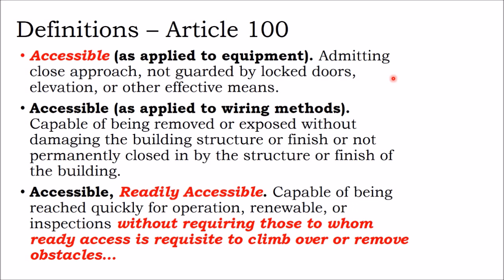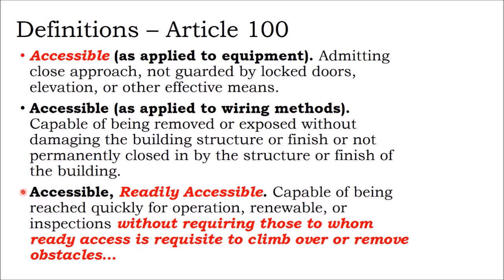So accessible by wiring methods is, can we open up a box and access the cable splice, or is it completely sealed into the building? And then we have readily accessible, which is capable of being reached quickly without requiring those to whom ready access is required to climb over or remove obstacles.